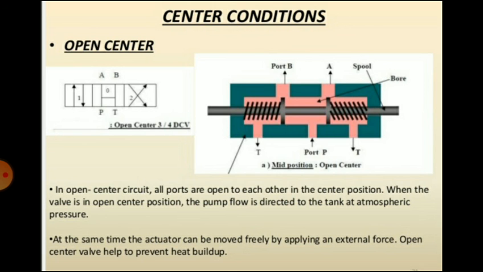So these are the three center positions shown for the 4 by 3 DC control valve. In a 4 by 3 DC control valve, the first center position is open center valve. So there are three center positions of 4 by 3 DC control valve.